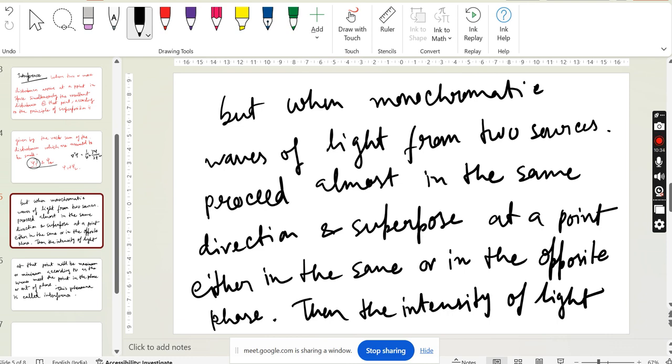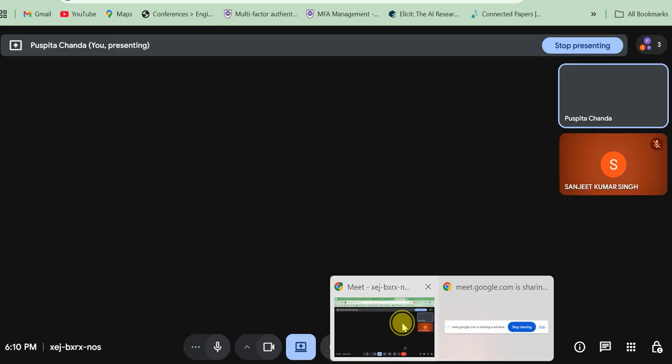This special phenomenon, that their intensity can be maximized or minimized or in between, because when they are meeting, they are either of the same phase or opposite phase, is called interference. Here, because of the presence of one slit, the wavefront of the other slit gets affected. That is the basic thing of interference.